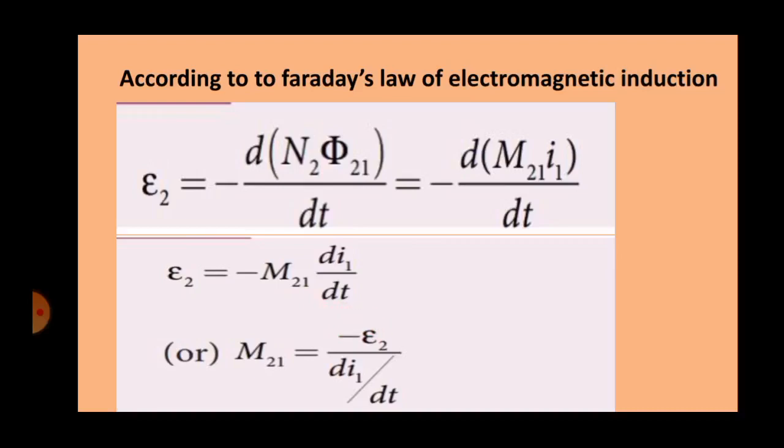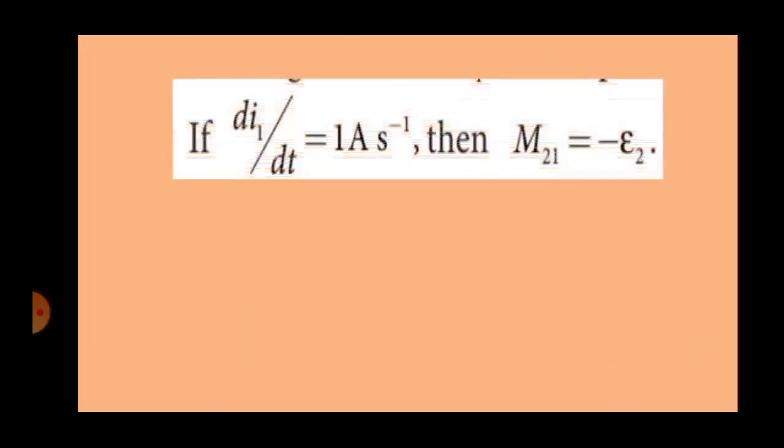If dI1/dt is equal to 1 ampere per second, that is, the current changes by 1 ampere in 1 second, then the mutual inductance M21 is equal to minus E2. Are you clear?